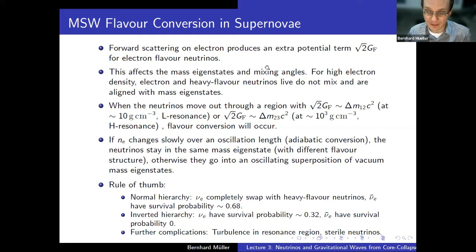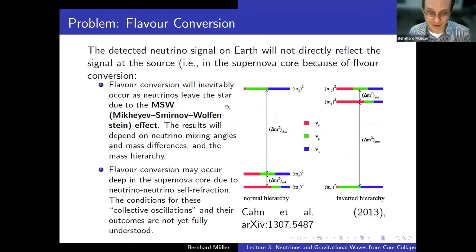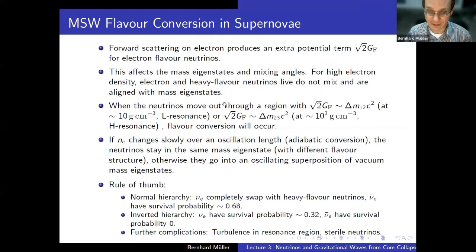That shifts the flavor eigenstates, and as the neutrinos propagate out of the neutron star, there will be conversion from the mass eigenstates that they live in at high densities to the mass eigenstates at lower densities in vacuum.